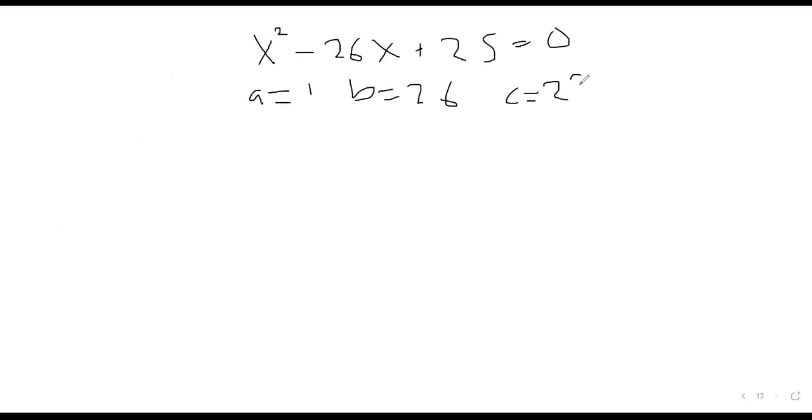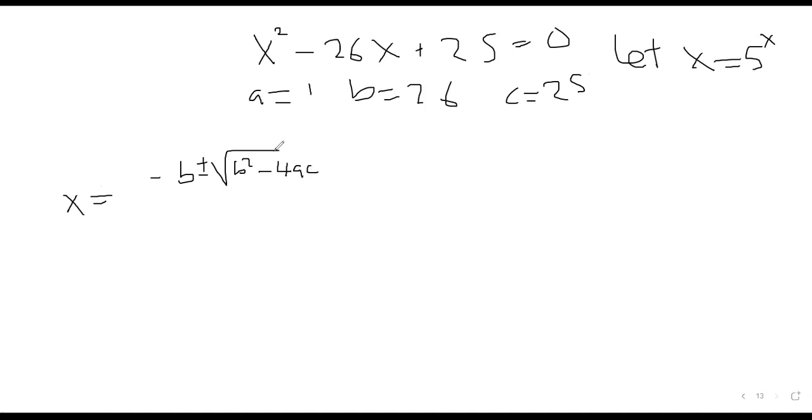So our A was 1, our B was 26, and our C was 25. And we let x be 5 to the power x, right? Remember this. So here, our x will be negative b plus minus the square root of b squared minus 4ac, over 2a.